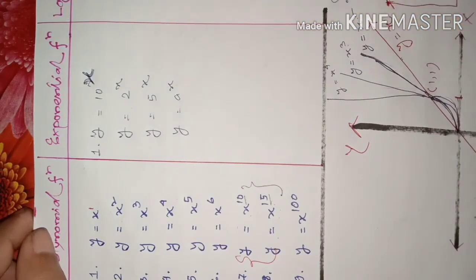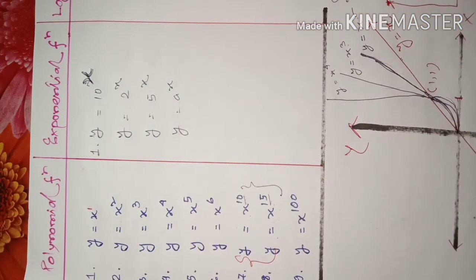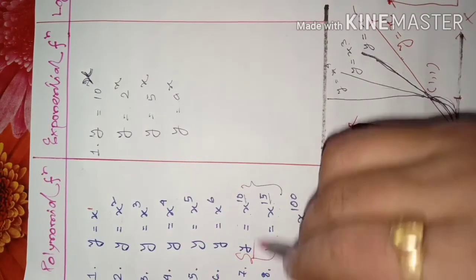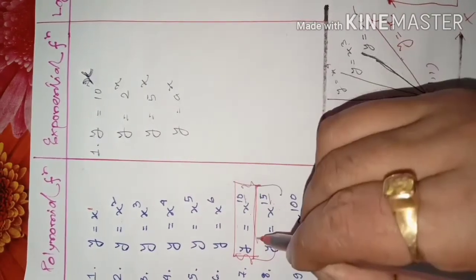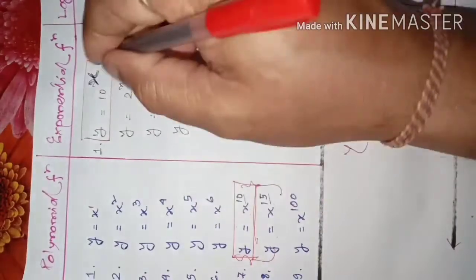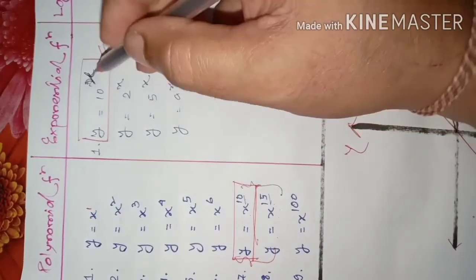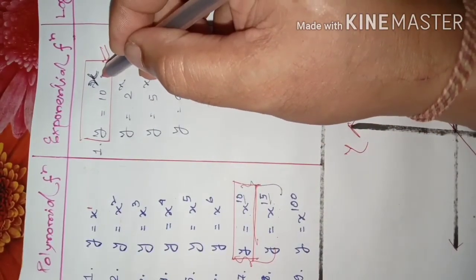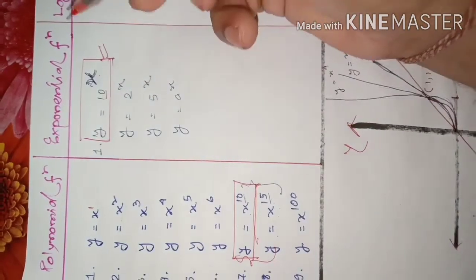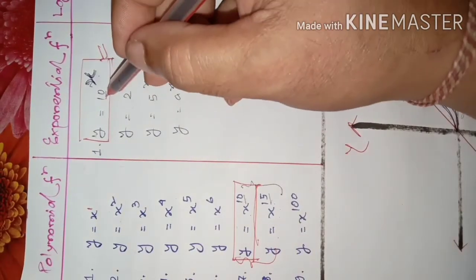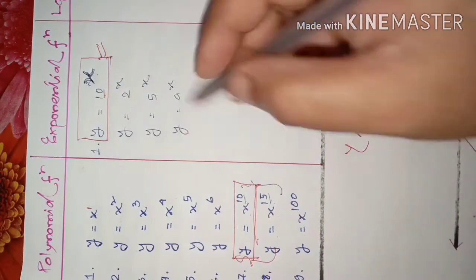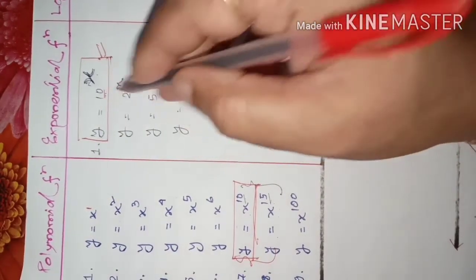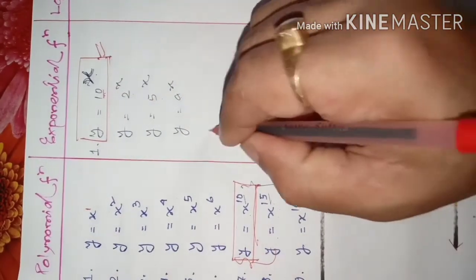Just for example, I would like to bring one function to your notice. Let us compare this function and this function. This type of function where the power is a variable and the base is some positive real number. This is called the base. The 10, 2, 5, all these are the base.